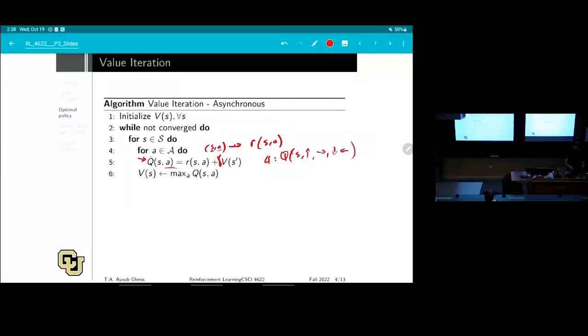We don't need to store Q(S, A) for all tuples, only for the actions that we have here. Once we do that, we update our value function that was initialized before to the maximum over the actions.